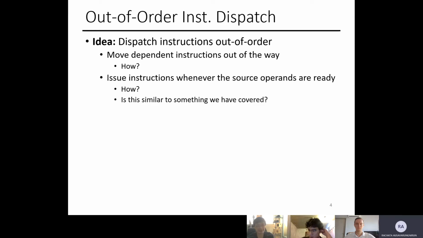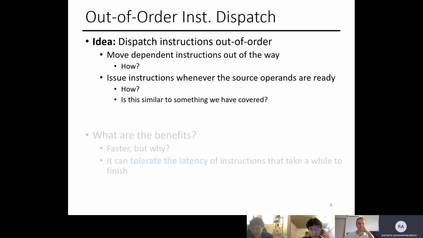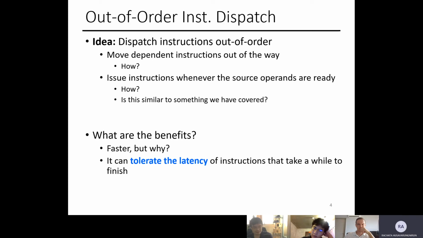If it is, you can schedule them, right? The benefit here is obvious. You can have a lot more instructions retire per cycle, and you can tolerate the latency of some instructions that are waiting a while to finish.